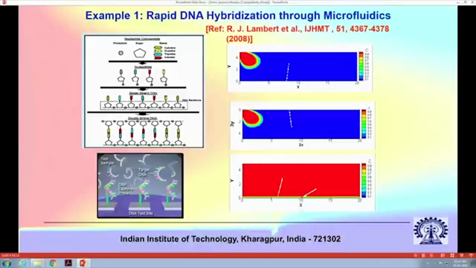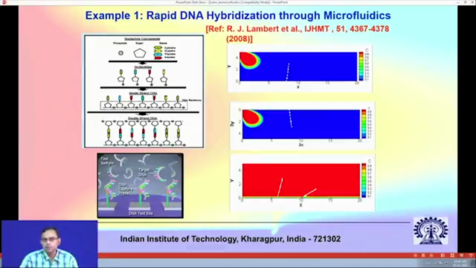The solution that was arrived at was in fact the research work of one of our joint students, Ruth Lambert. She was working on this problem as she visited our institute, IIT Kharagpur, for some time, and this is the numerical solution to the design problem, which was eventually translated into fabrication.